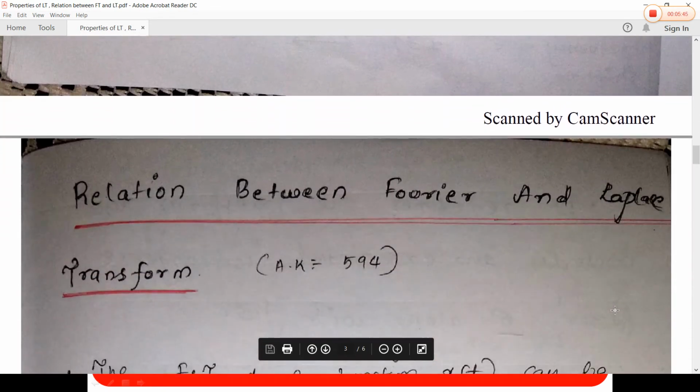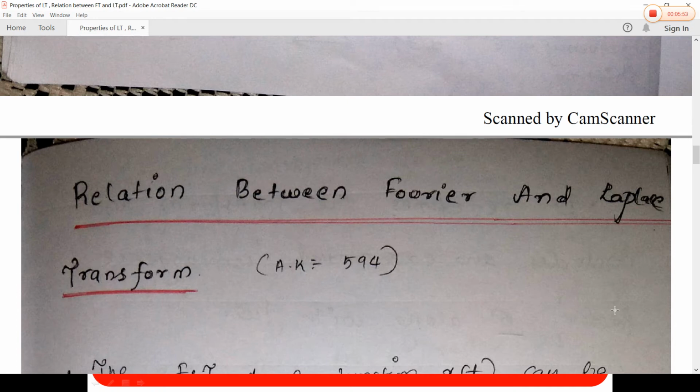Now moving on to the next topic, the relationship between the Fourier and Laplace transform. In the last class itself, we said that the Fourier transform is usually expressed as a continuous sum of exponential functions of the form e raised to j omega t. And there is a chance of convergence issues in the Fourier transform.